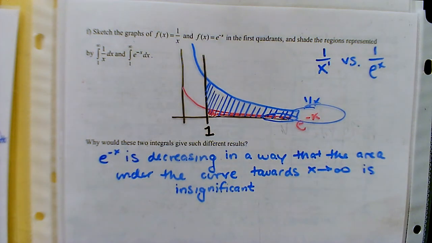Okay, there's still area out there. There must be, because you have an infinite interval. But the area that is out there is so small that if you keep adding it on, you're not going to change the area value.